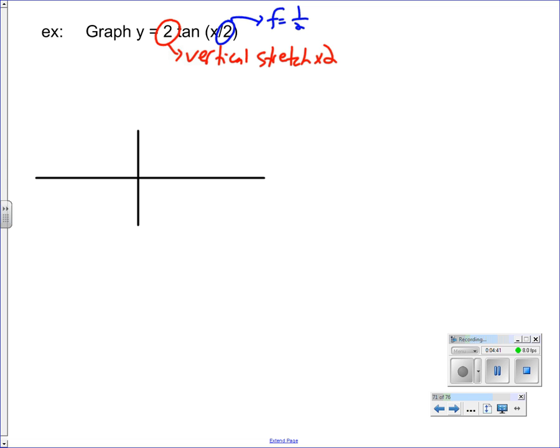So for tangent, going between the frequency and period is a little bit different. The frequency is 180 over the period and vice versa. Right, and this is for tangent only. For sine and cosine, we use 360 instead of 180 because that's the period for the parent function.